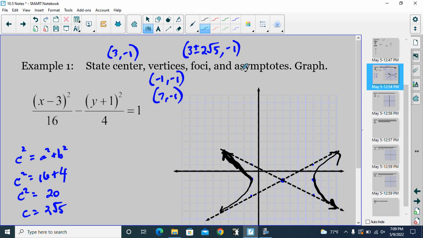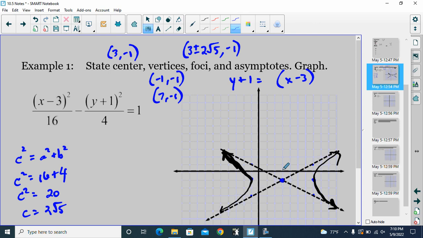We are asked to write equations of the asymptotes. In order to write an equation of a line, I need a point and a slope. Both asymptotes pass through this vertex, or the center. So we are going to use that point. So I've got y minus y1 equals slope times x minus x1.